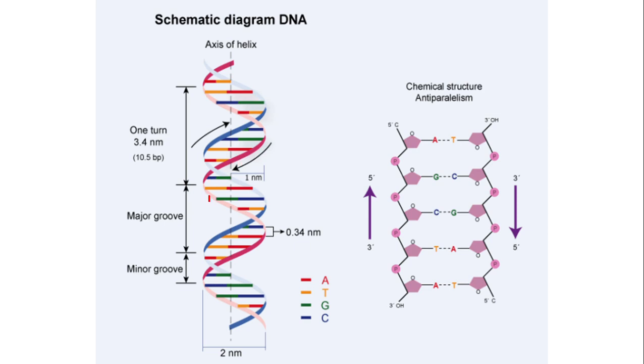One turn of the spring consists of 3.4 nanometer in height, and in that distance 10.5 base pairs are there. That's why 3.4 nanometer divided by 10.5 base pairs is approximately equal to 0.34 nanometer between any two nitrogenous bases. This is the mathematics. Remember, this is a feature of the Watson and Crick model of DNA.